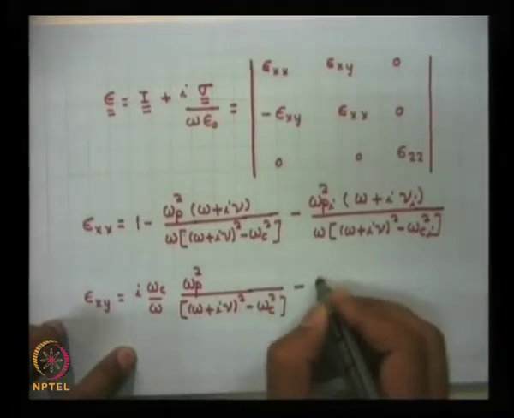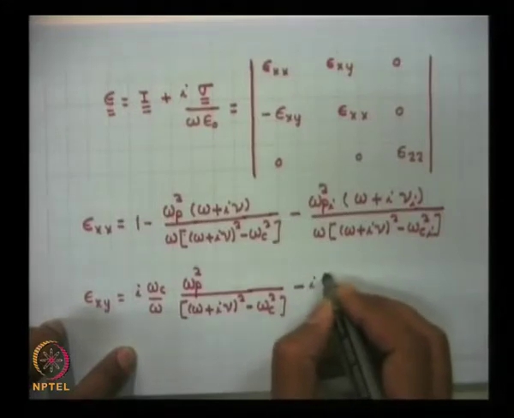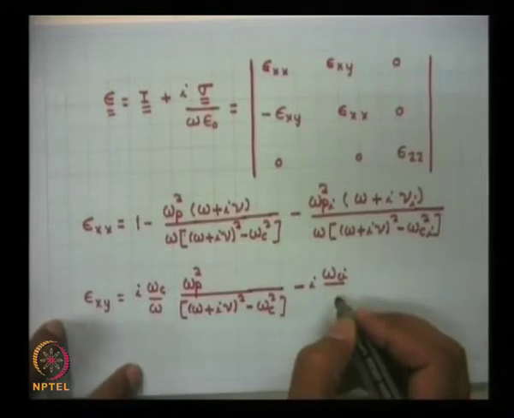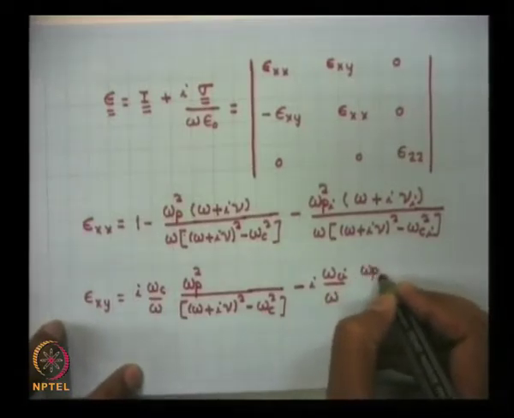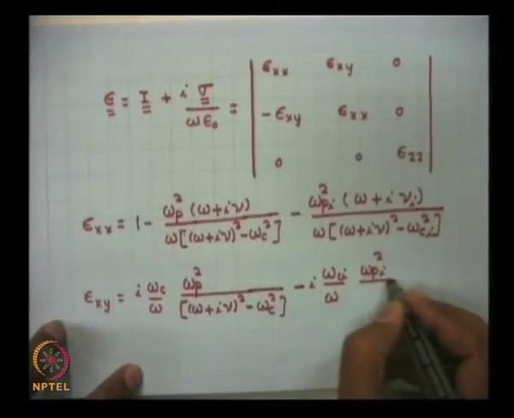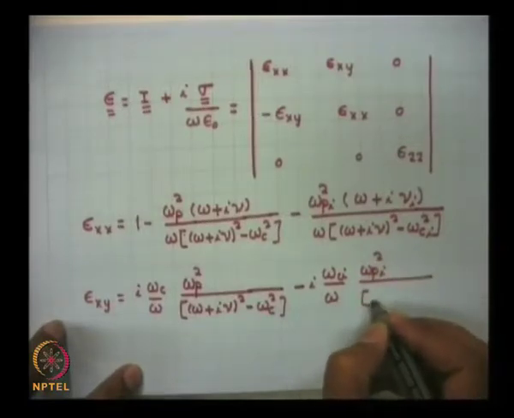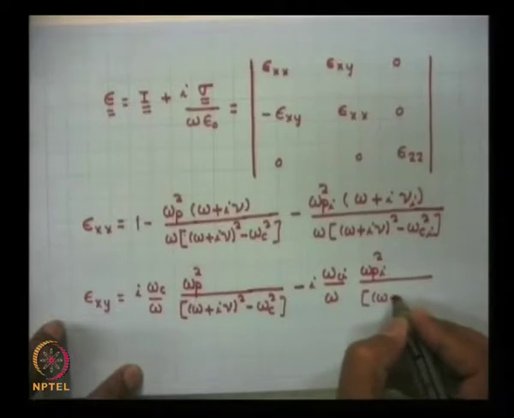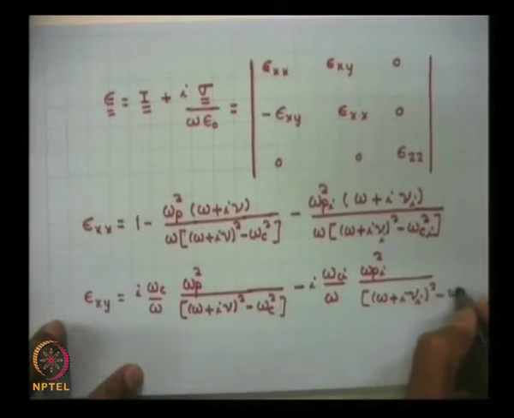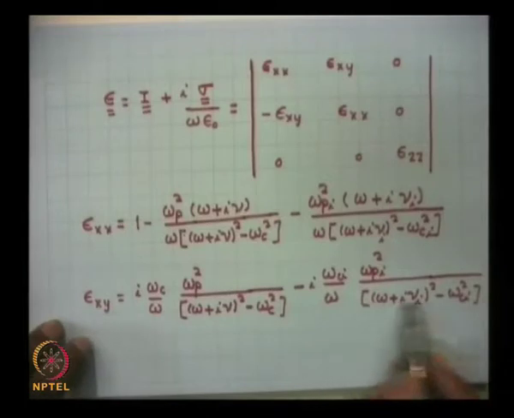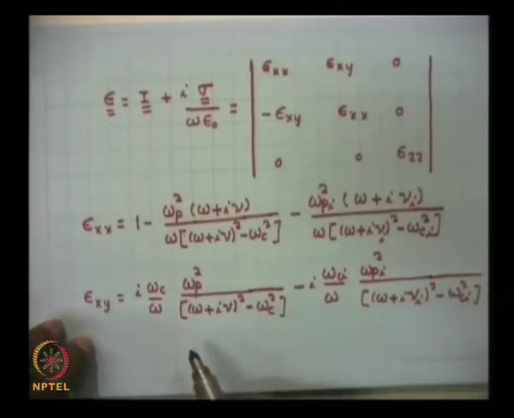And the ion term is minus i times omega ci, the ion cyclotron frequency upon omega, into the ion plasma frequency square upon (omega plus i nu i) square minus omega ci square. This is the ion term, this is the electron term.